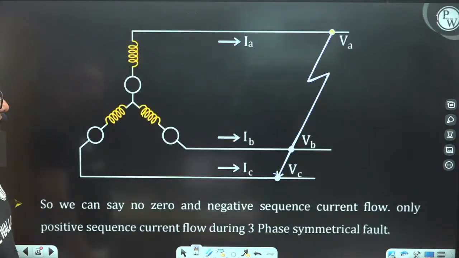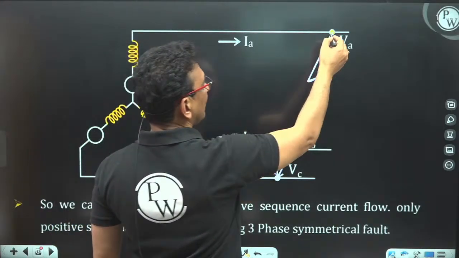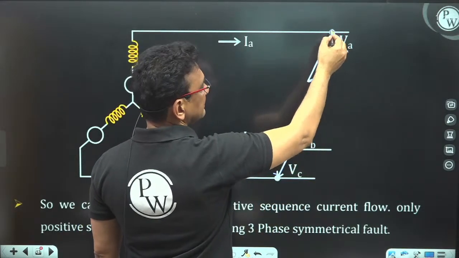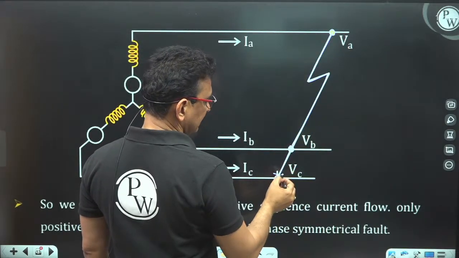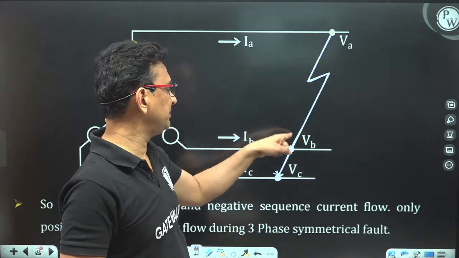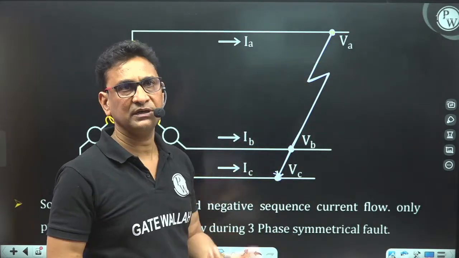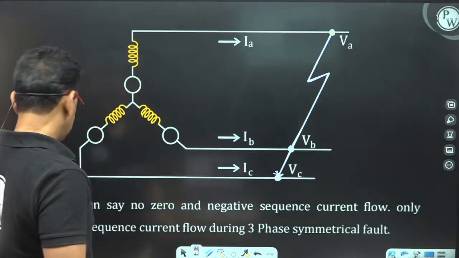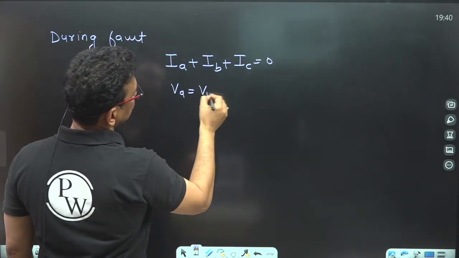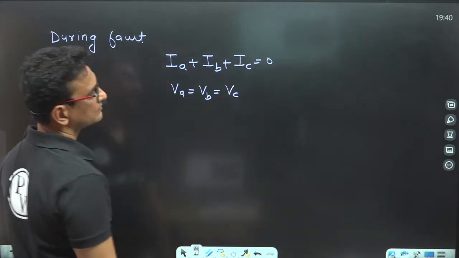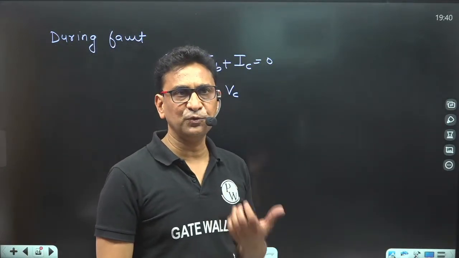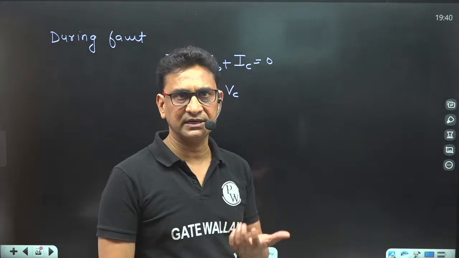And at this point, all three nodes are connected. That means the voltages here are equal, so VA is equivalent to VB, and it is equivalent to VC. This is the relationship between the phase voltages and the phase currents.